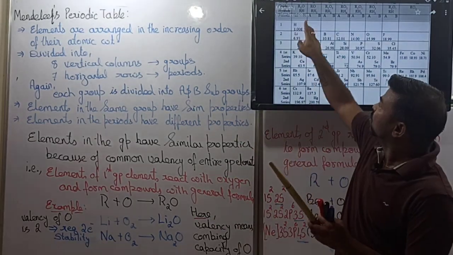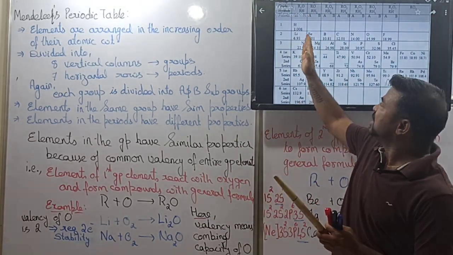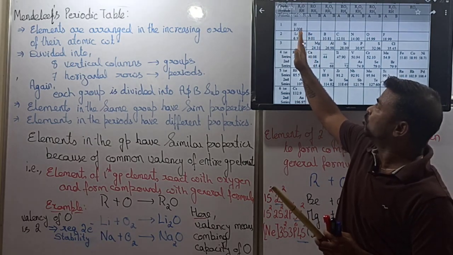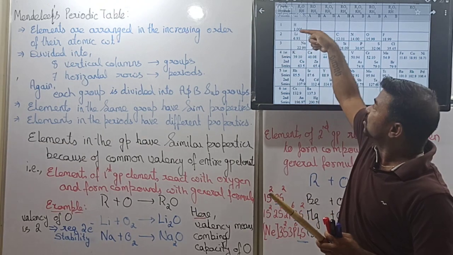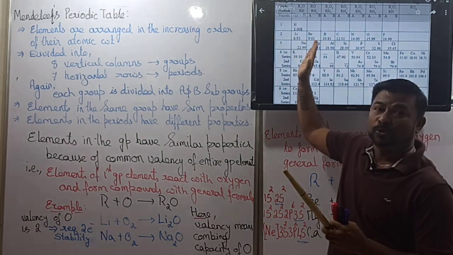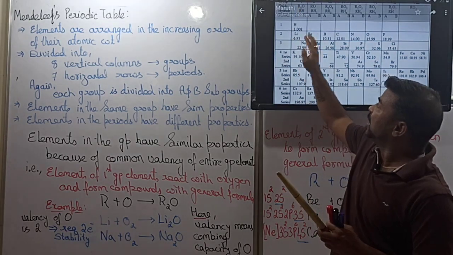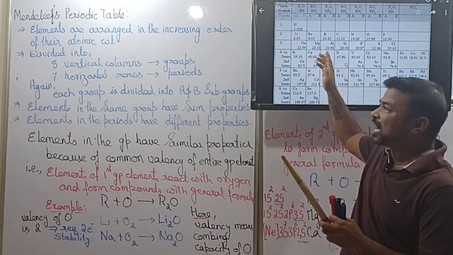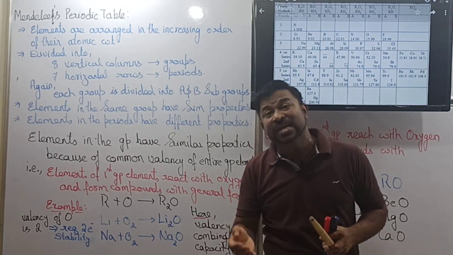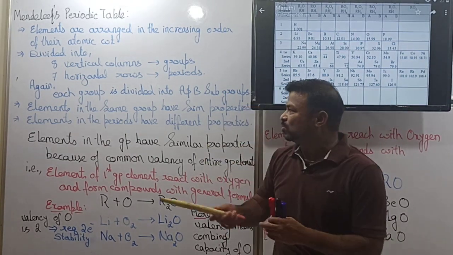You can see, if this is the first group, he divided the group into two parts, subgroup A and subgroup B. All the elements towards this side of the group are subgroup A of the first group, and the elements present a little bit towards this side are subgroup B in the same group. So that's what it says.